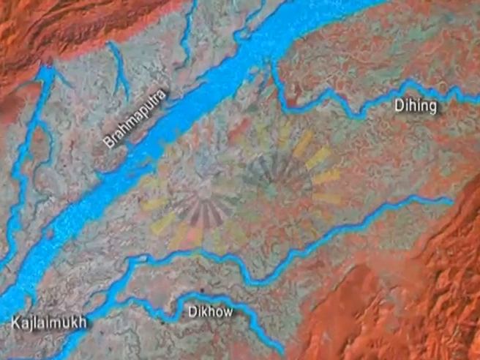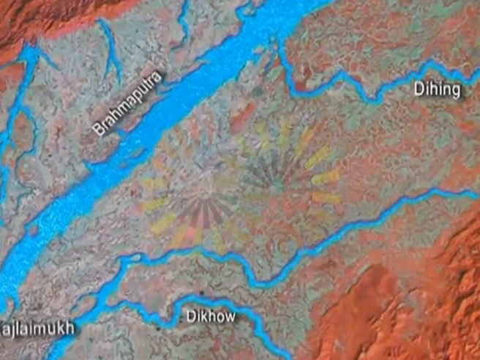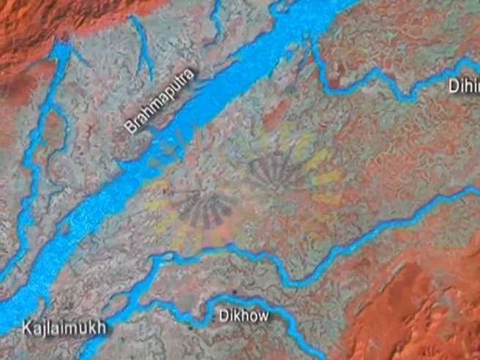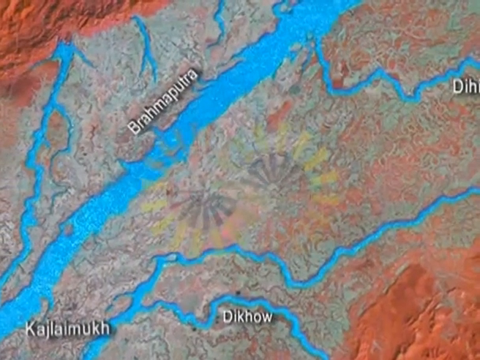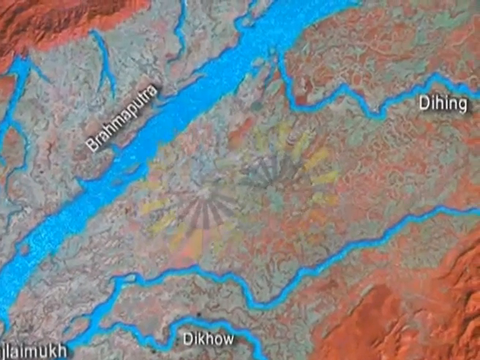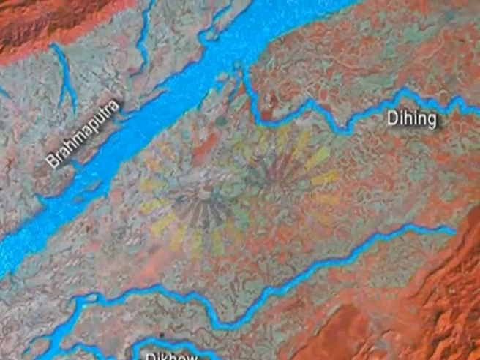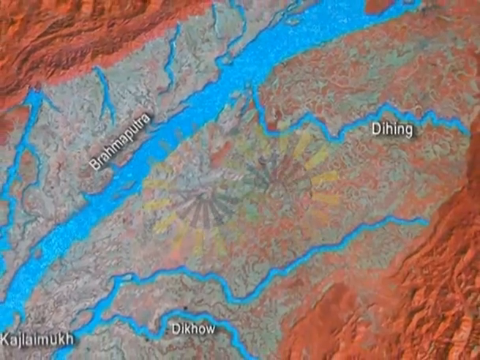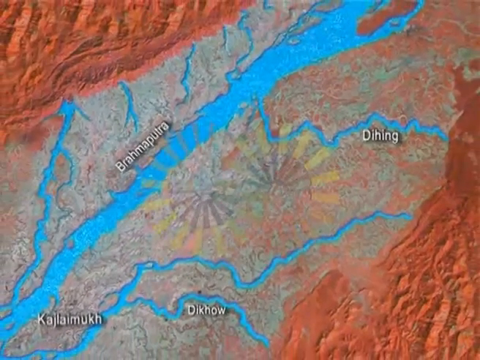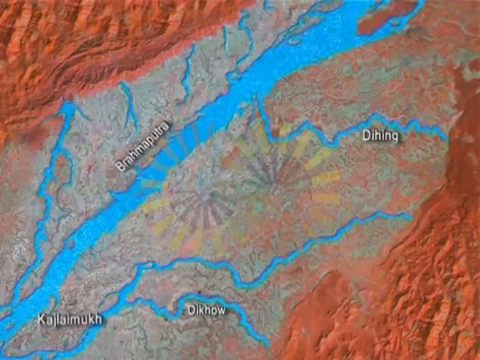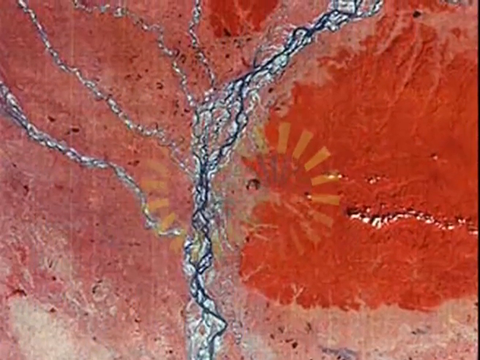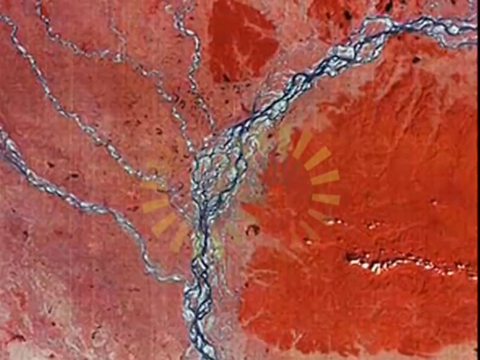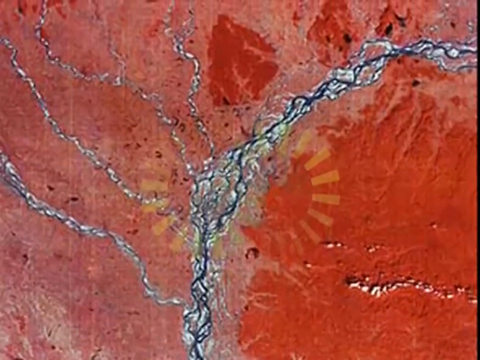The Dikho had an independent course parallel to the Brahmaputra, till it fell into the great river near Kajlaimukh. The Dihing fell into the Brahmaputra at a point roughly near its present mouth. The area between the two rivers was part of an ancient braided stream zone and received a heavy load of fine silt and clayey sediments through flash floods regularly.